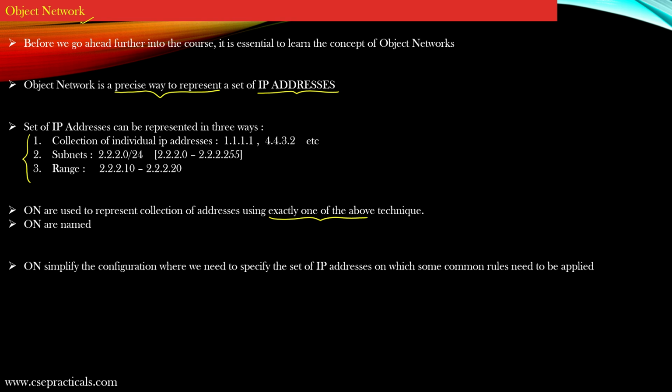Object networks simplify the configuration where we need to specify a set of IP addresses on which some common rule needs to be applied. We will use object networks extensively in access control lists or in network address translation rules. Since this part of the course is dedicated to network translation rules, it was important for us to familiarize ourselves with object networks.